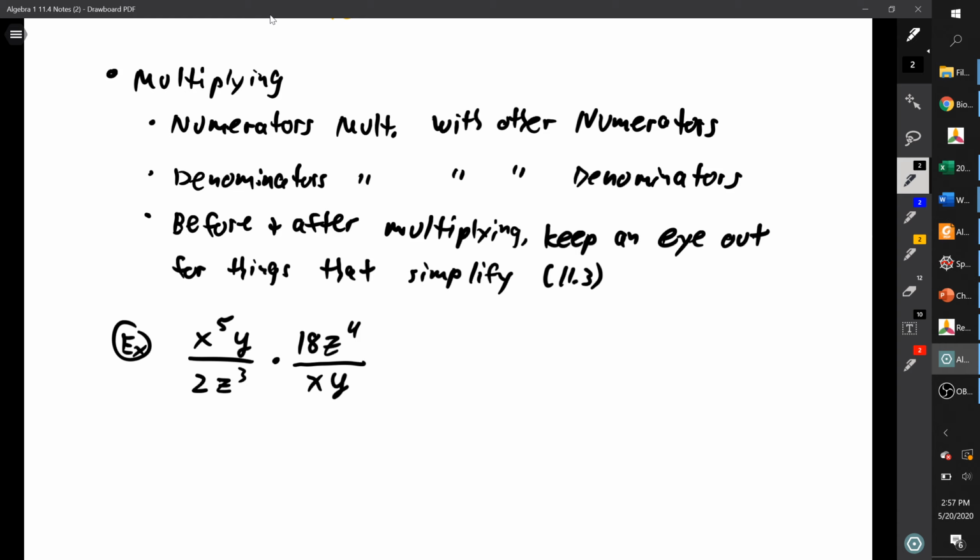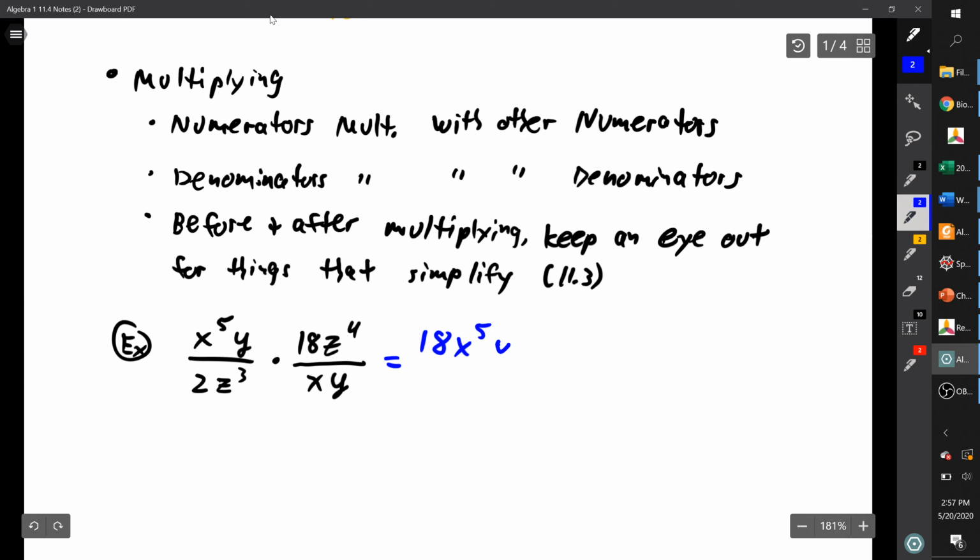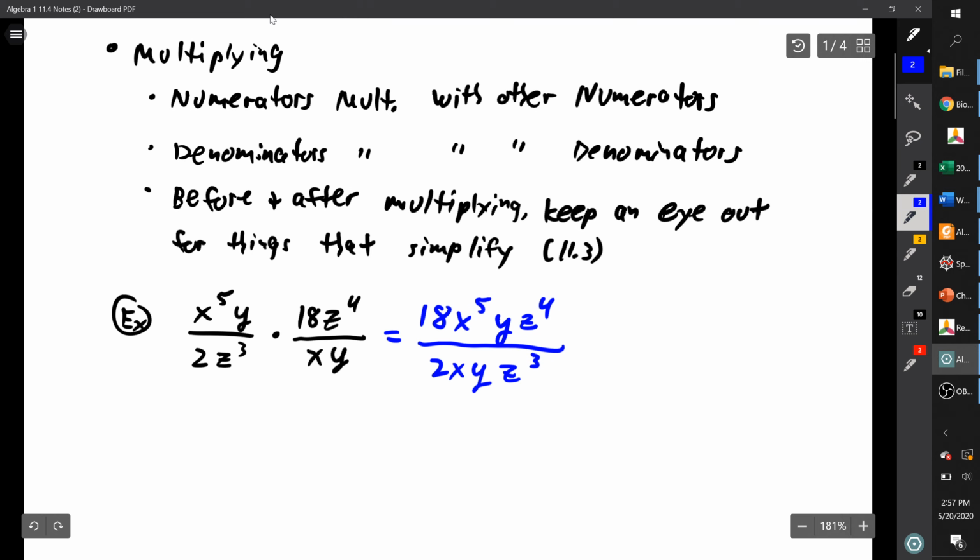Doesn't really matter. But if you multiplied first, and you put things in the usual order of the number first and then the letters in alphabetical order, this would be 18x to the 5th y z to the 4th on top, and the bottom would be 2xy z cubed. And then at this point, we look for what simplifies.